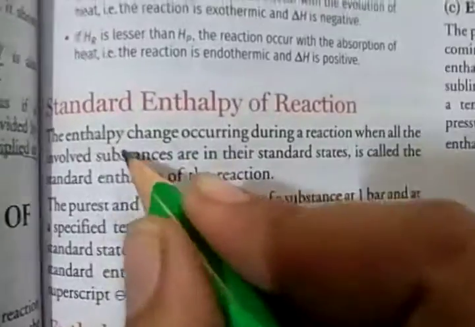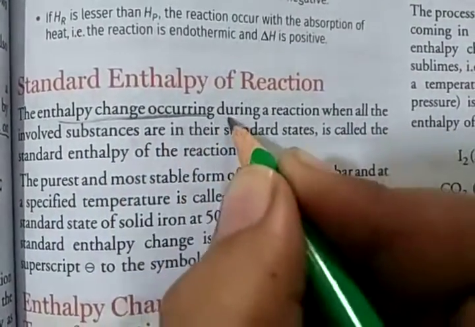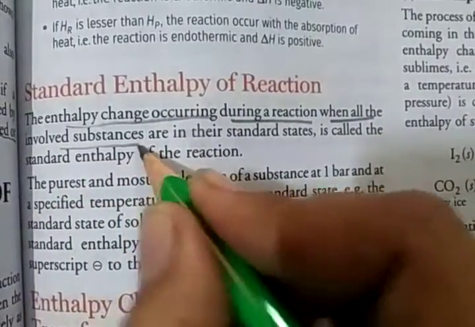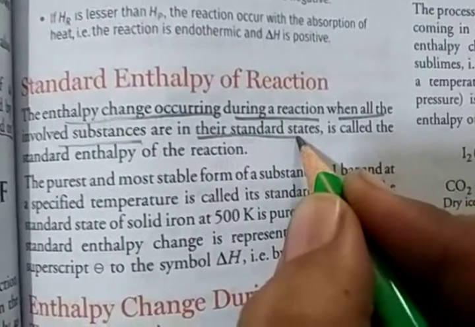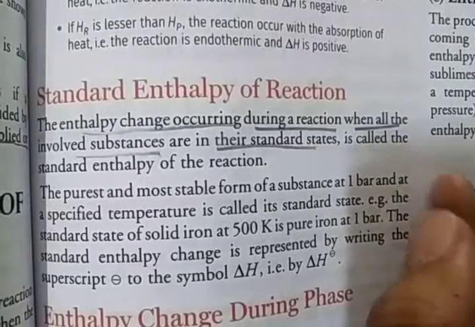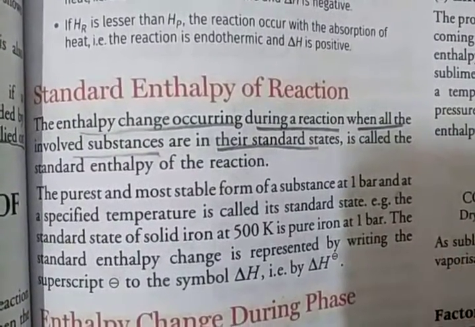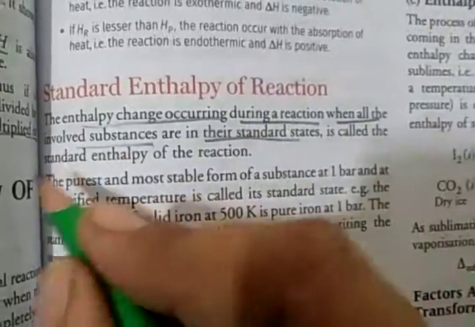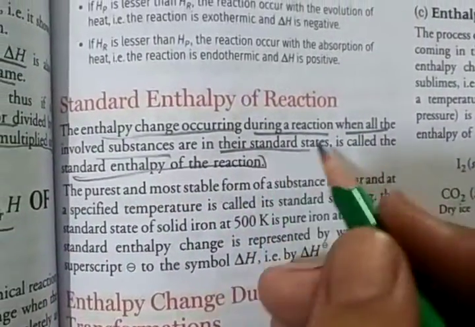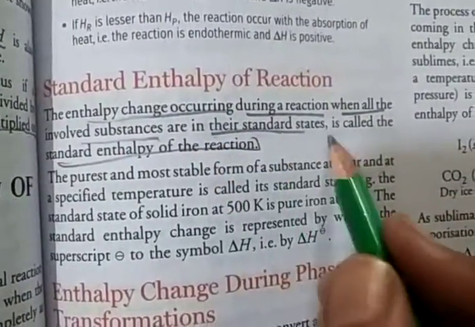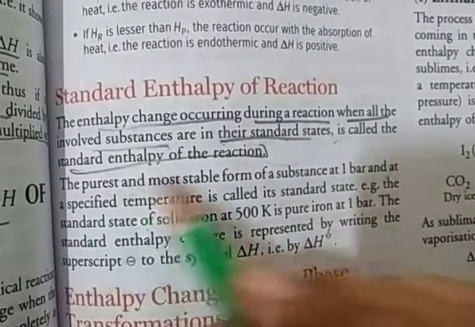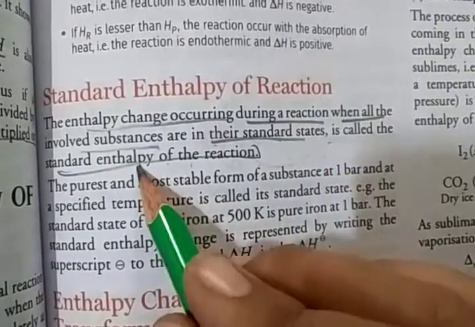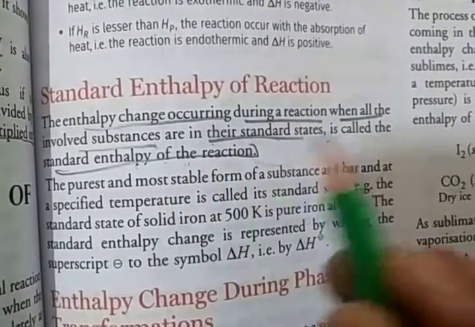It is the enthalpy change occurring during a reaction when all the involved substances are in their standard states, that is, temperature, volume, energy, enthalpy, all in the standard state. We call this the standard enthalpy of the reaction.